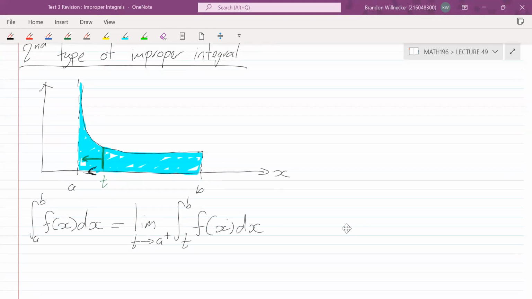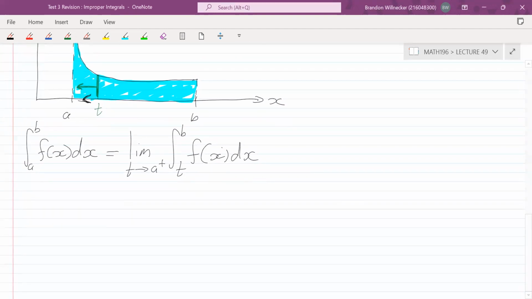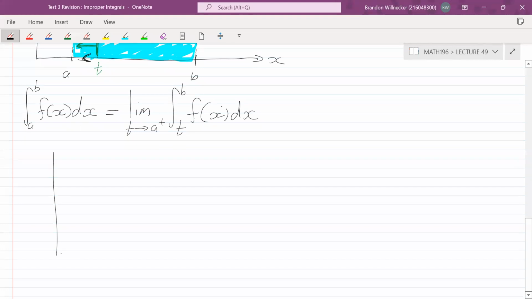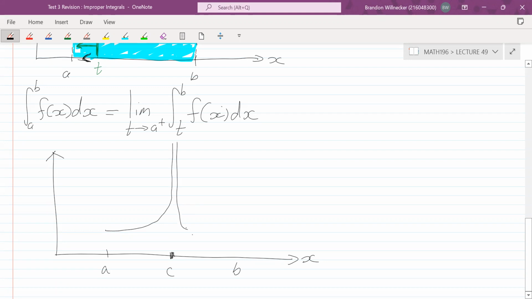What happens if the asymptote is in the middle of our domain? It's not too much more difficult. Let's say we have x here, a to b, and at some point c in between, the function goes off to infinity like that. Maybe it looks something like this.